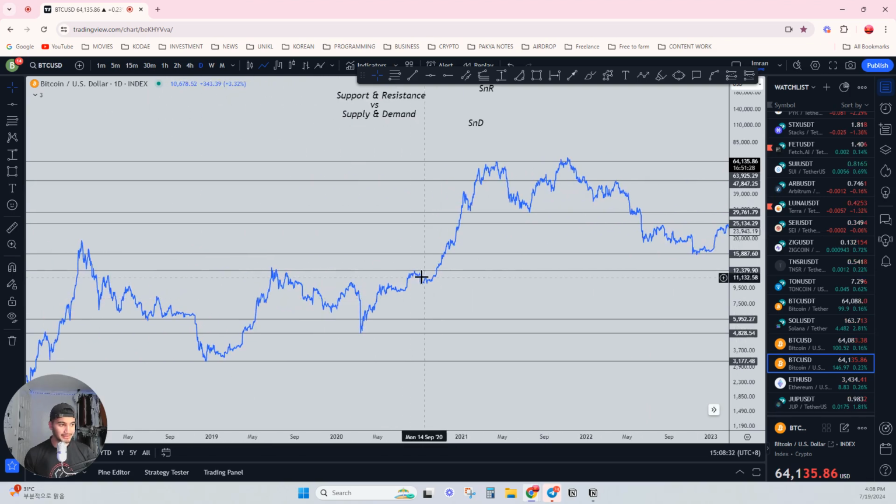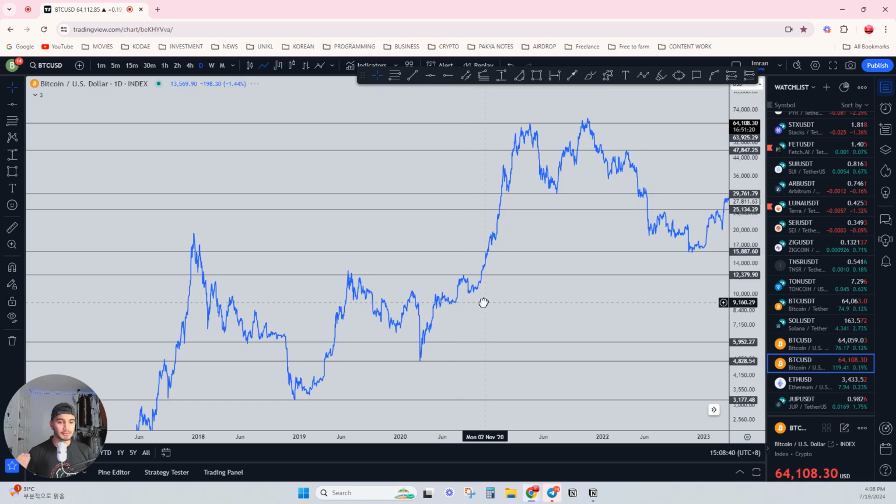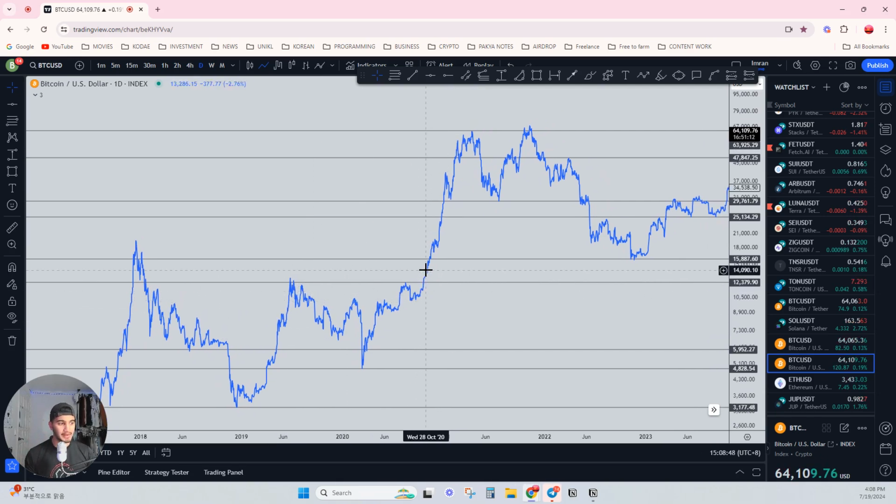When price touches one area multiple times, that's a good indication of a strong support or resistance, because right now this is a resistance. Price reached the level and it rejected, reached the level, rejected, and when price broke out, it started to move higher. See, even support and resistance can be broken.